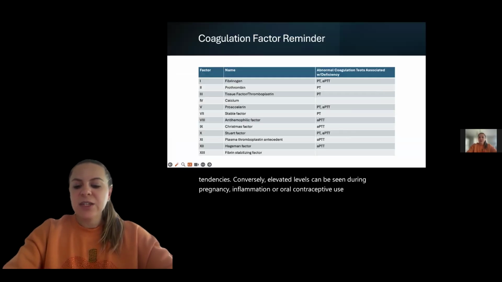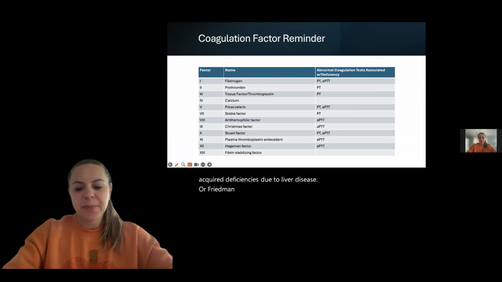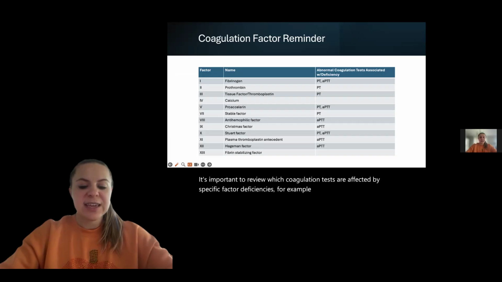Factor assays are essential in diagnosing inherited conditions like hemophilia or acquired deficiencies due to liver disease or vitamin K deficiency. It's important to review which coagulation tests are affected by specific factor deficiencies. For example, fibrinogen deficiency prolongs both PT and APTT, while factor 7 deficiency only affects PT.